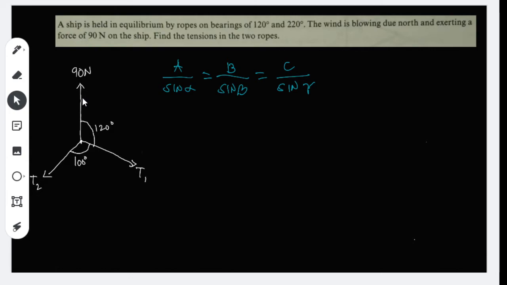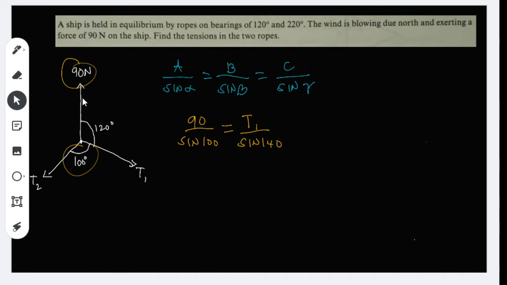We're going to get a pair of a force and an angle. So we can make use of the 90 and 100. So we can have 90 over sine 100 equal to T sub 1 over sine 140 degrees. How did we know that this is sine 140 degrees?